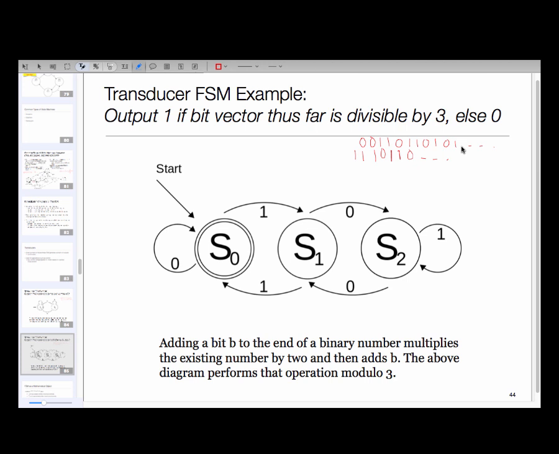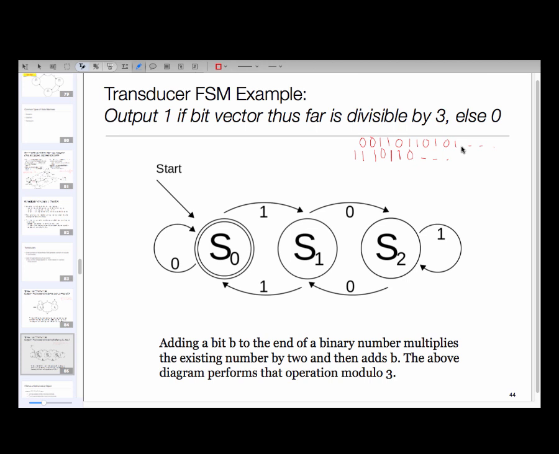Agreed? Okay. Now let's imagine I was in state S1. And state S1 corresponds to that the remainder thus far was 1. So the number is of the form 3x plus 1, and I get a 0. That means I have a number which is multiplied by 2.